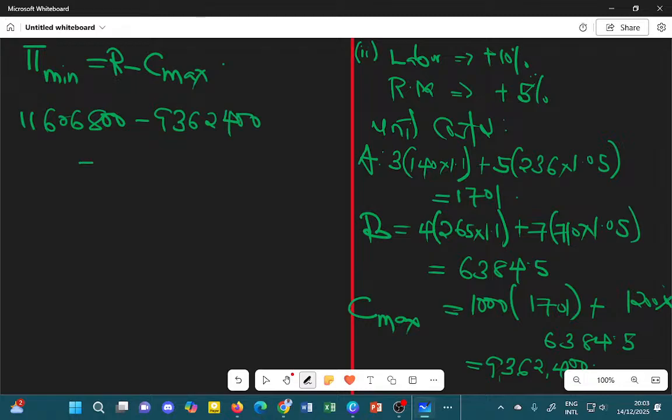The difference gives 2,244,400. And so that's the expected minimum profit.